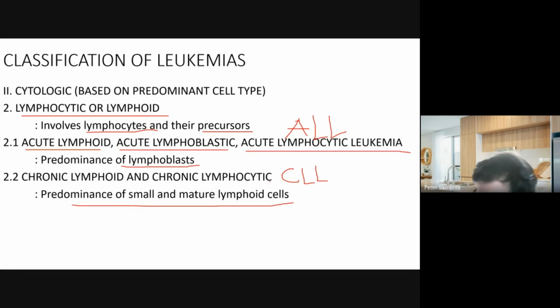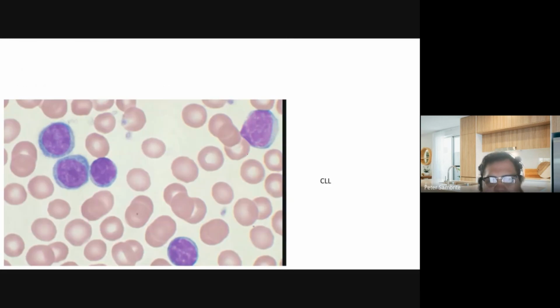And we also have your CLL, which is characterized by the predominance of small and mature lymphoid cells. So this is your CLL class. Notice the basophilia on the cytoplasm. So basophilic cells.